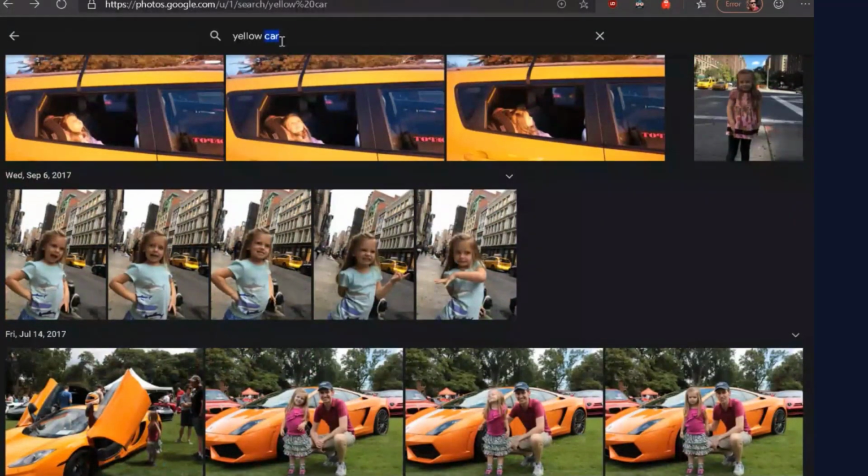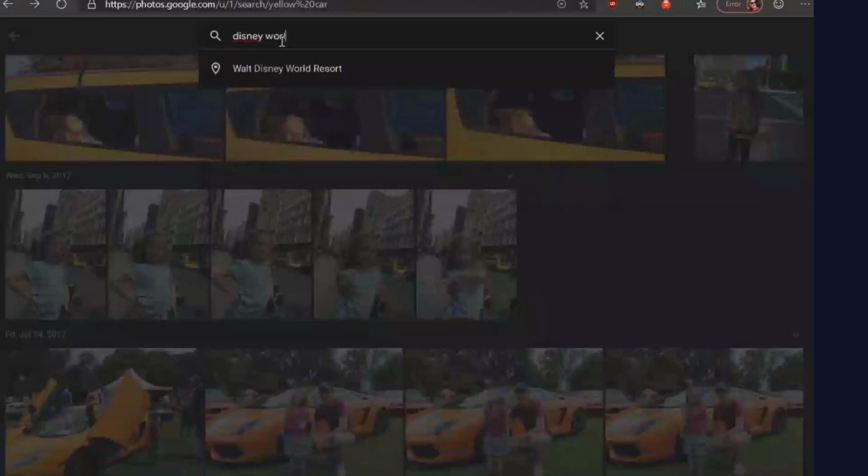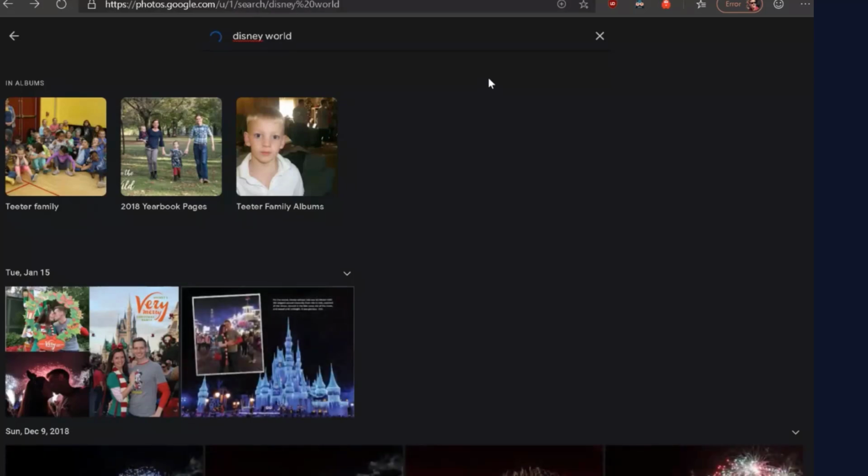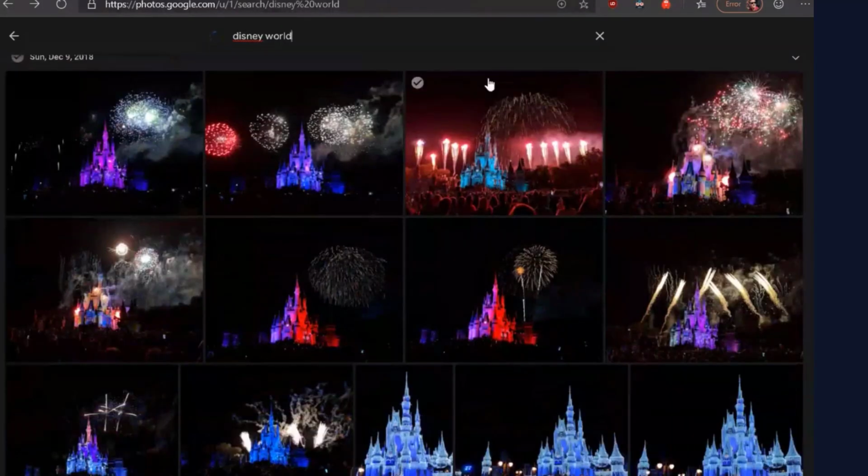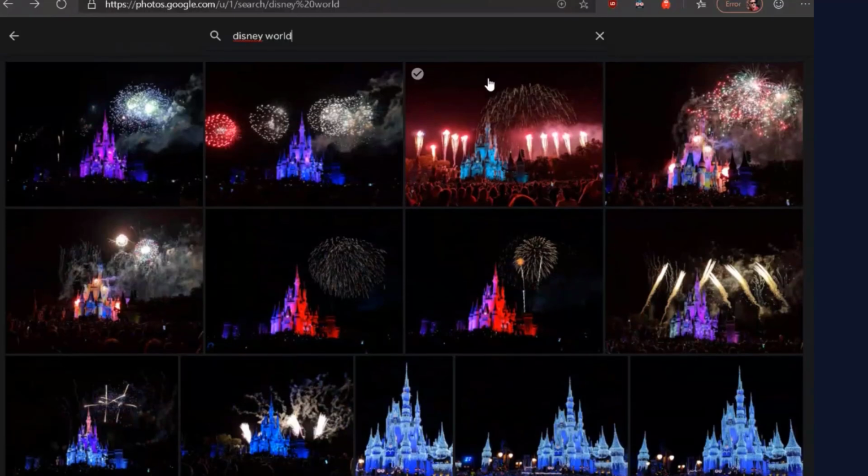If I go in and search for Disney World. Okay, we did a Disney year a couple of years ago. If I search for Disney World, I haven't tagged these, although you'd say, well, if you use your phone camera, it has geolocation information, so it has the coordinates of where you're taking pictures, and you'd say, oh, that's Disney World.